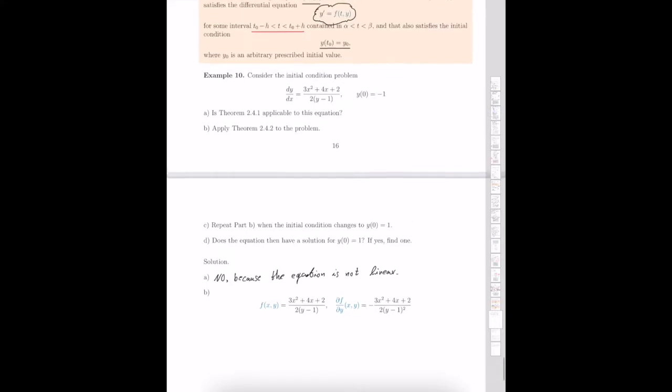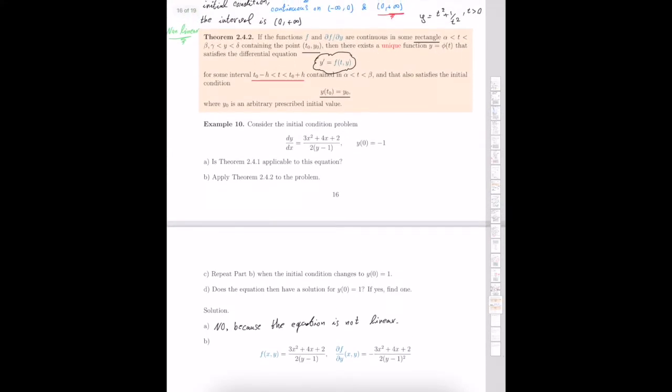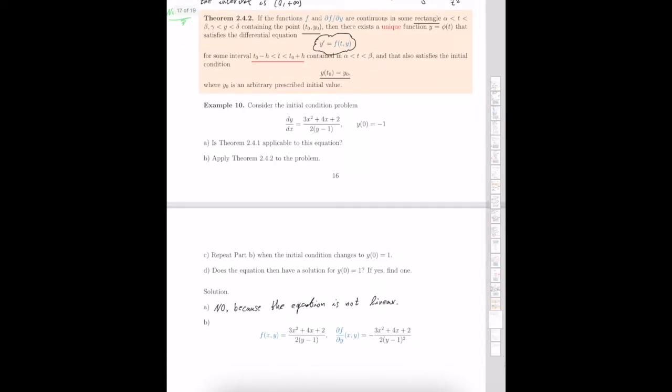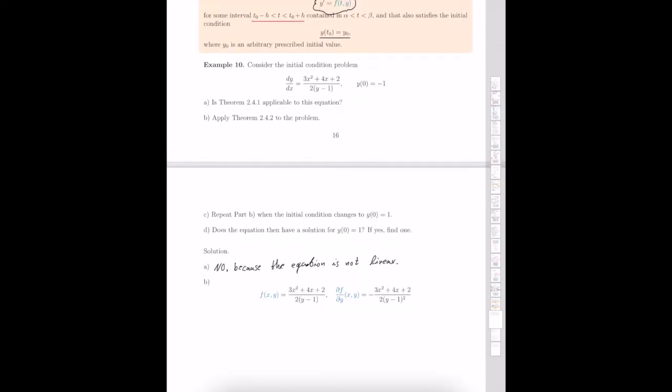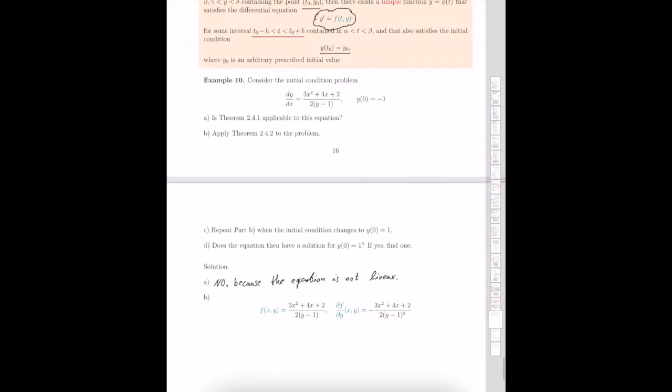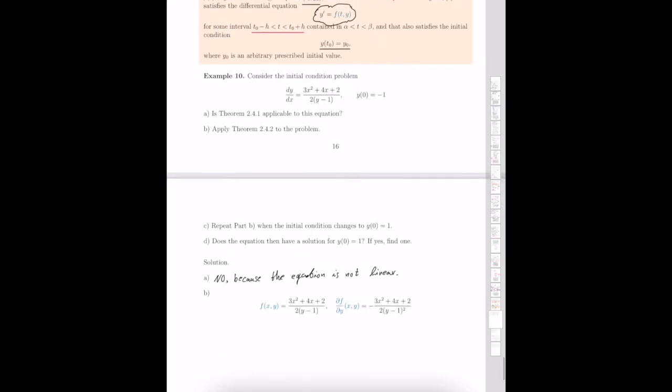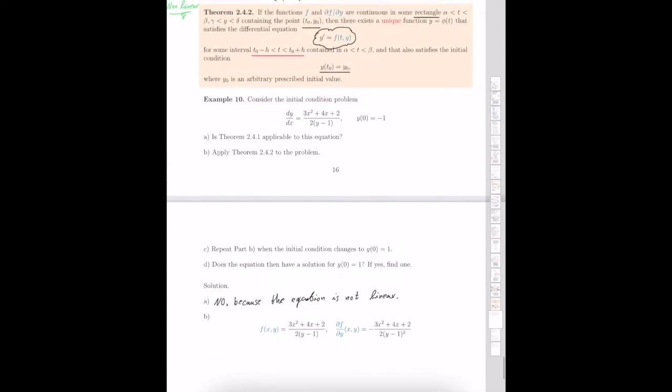Now part B says apply theorem 2.4.2, which we have here, to this initial value problem, and it definitely expects us to state the outcome, the result that the theorem is stating. In order to apply that theorem, what we need to do is first determine the continuity of f and the partial derivative of f with respect to y.